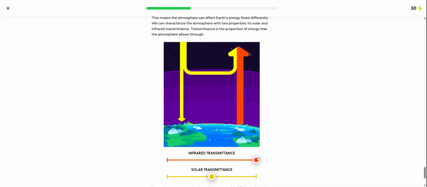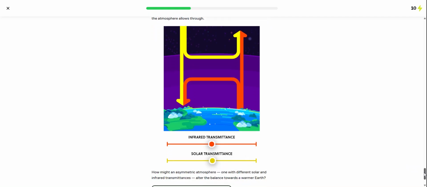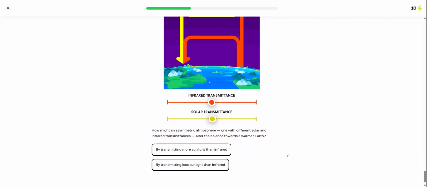If it's greater, more is emitted. Almost at the same time, solar is reflected into space if transmittance is too low, or goes directly to the Earth's surface with no reflection if transmittance is too high. We just adjust them to analyze what would happen in each circumstance.